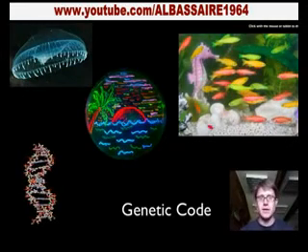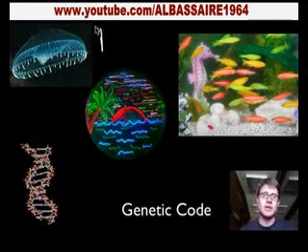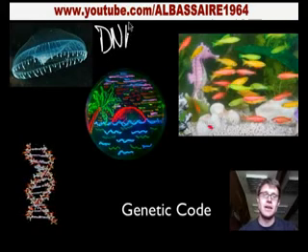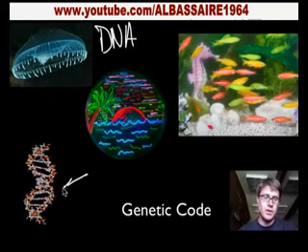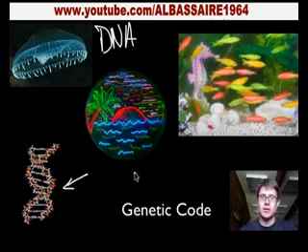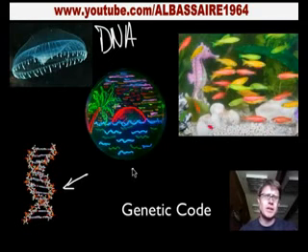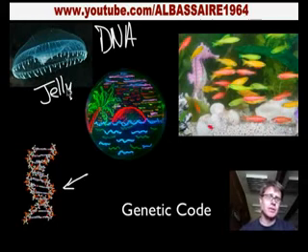Let's start with the first one, and that is the genetic code, and that is DNA. So you should be familiar with this, that double helix structure. Most people know what DNA is, but they don't necessarily know what it does. An example would be this, a jellyfish right here. Scientists were able to take a gene out of a jellyfish that makes a glowing protein that allows that jellyfish to do well deep in the ocean.